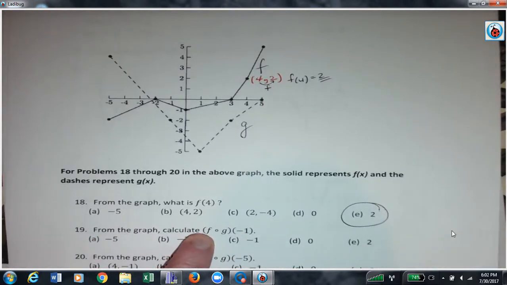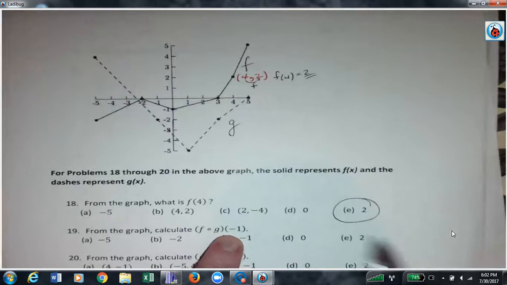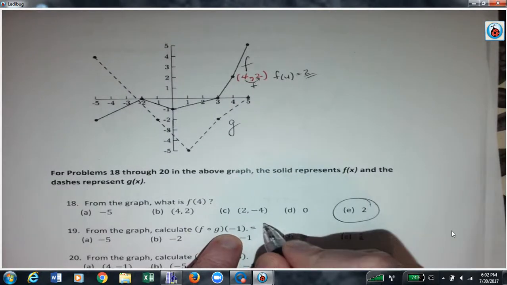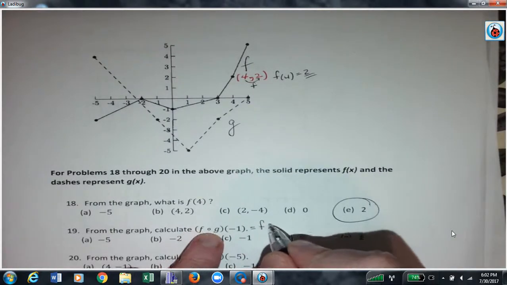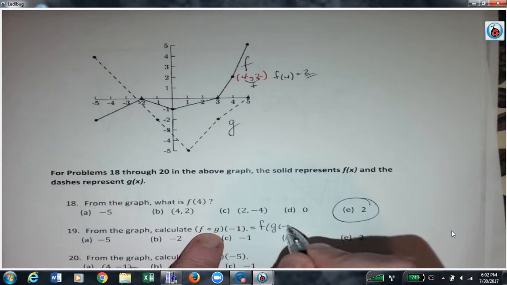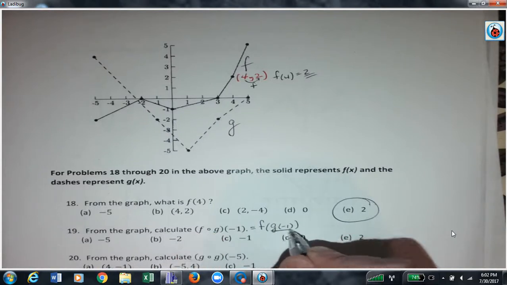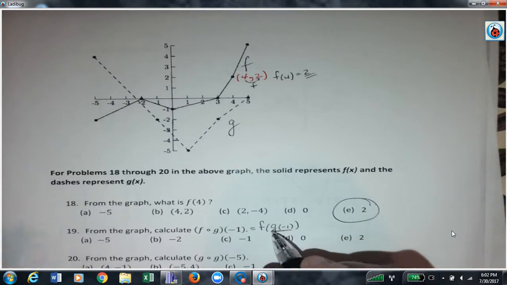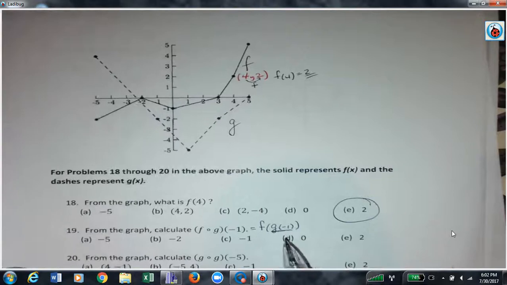Now, what is f composed with g evaluated at -1? Okay, well, this is the same thing as the first, evaluated at the second. Now, from the graph, I need to find g evaluated at -1. So the number inside is the x-coordinate.